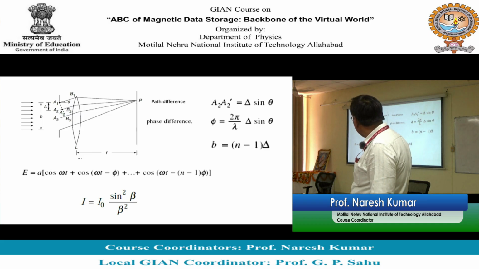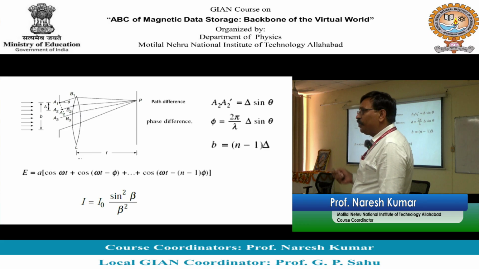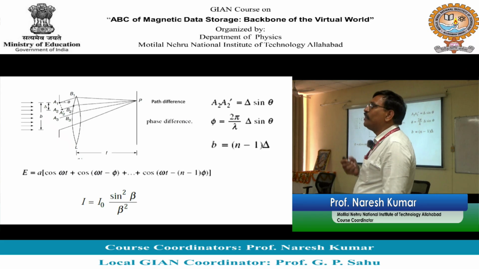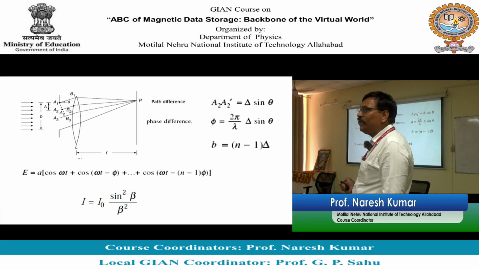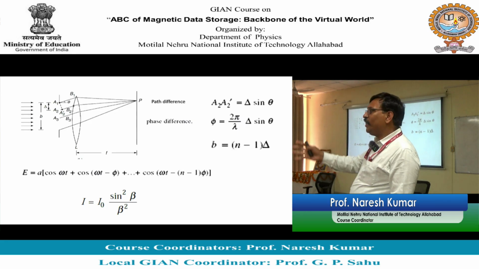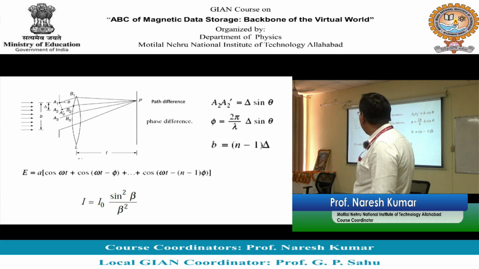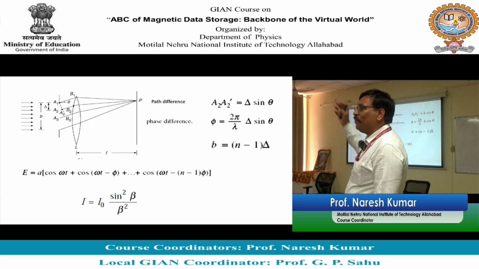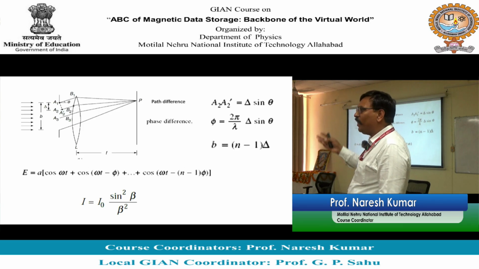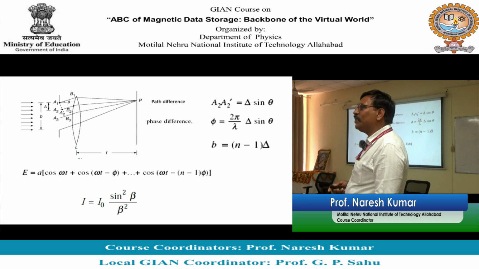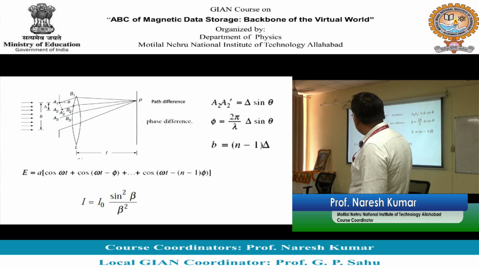Let's say the distance between two consecutive points is delta. These points may act as secondary sources. When light comes to these points, they behave as secondary sources, and from there n waves will propagate, and when these waves propagate, they will superimpose and interference will occur.